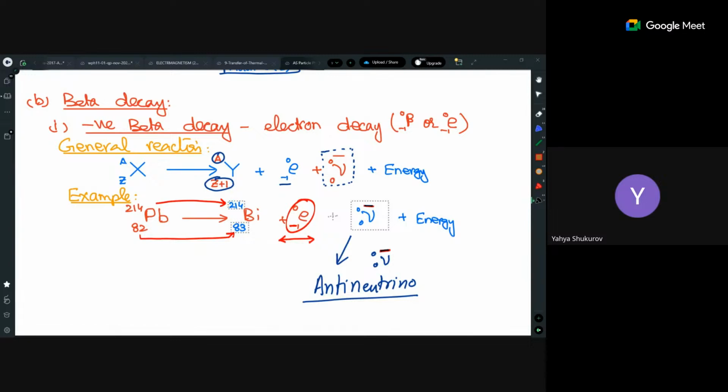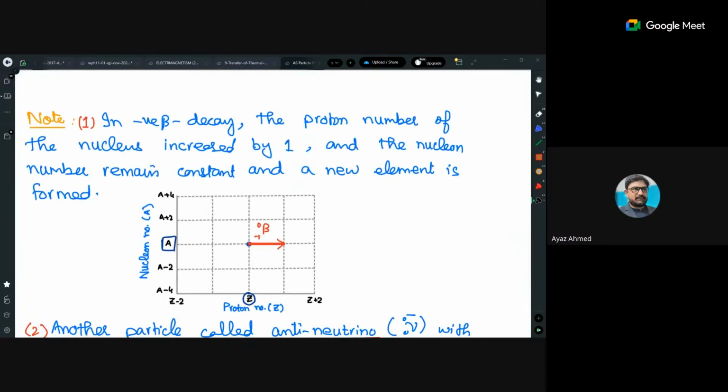If I just see on the grid, what will happen? As A remains unchanged, the y-axis will have no change at all. There will be a change on the x-axis, and that change is that Z is increased by 1. So there will be a right shift of 1 in your proton number.